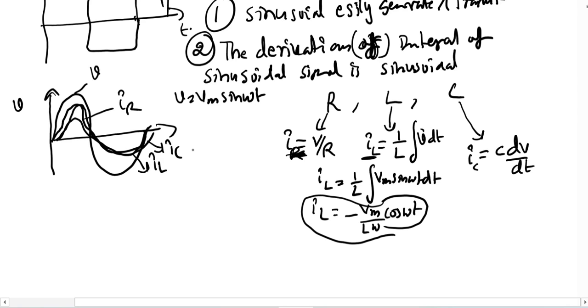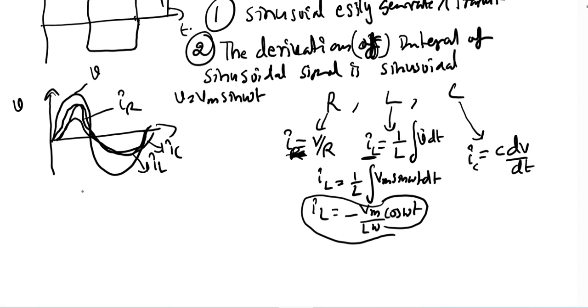So if you see here, the voltage waveform is a sinusoidal signal, and my IR, IL and IC, the current quantities, are also sinusoidal signals. That is why we are going to use sinusoidal as mostly preferable. So that is what I want to talk about here.